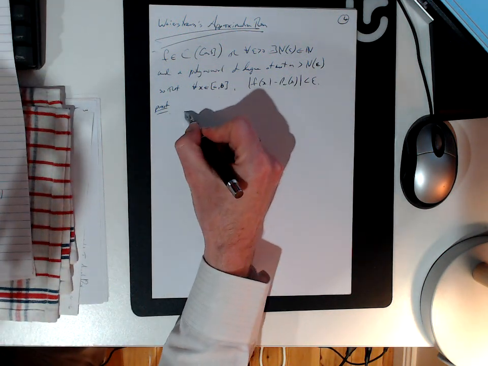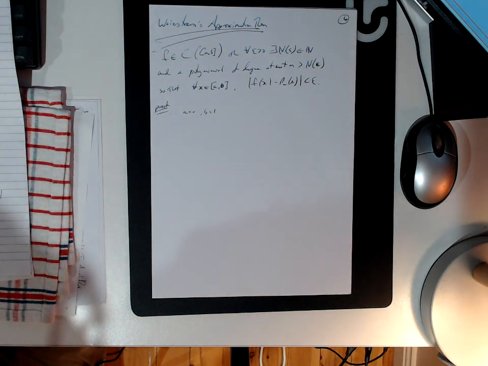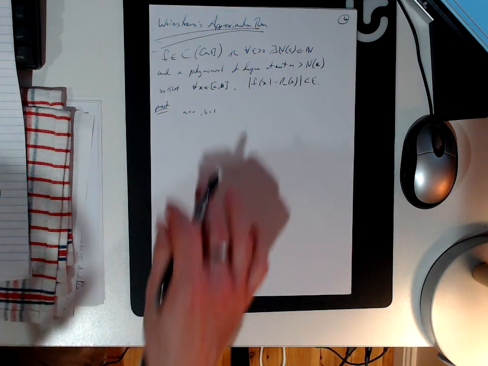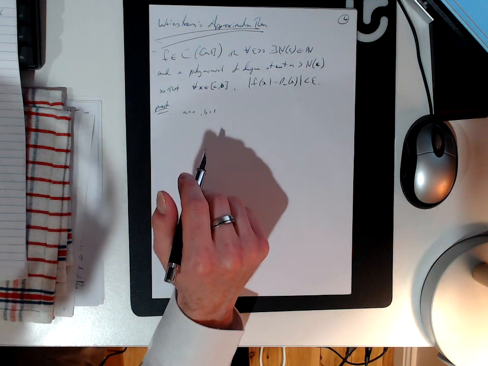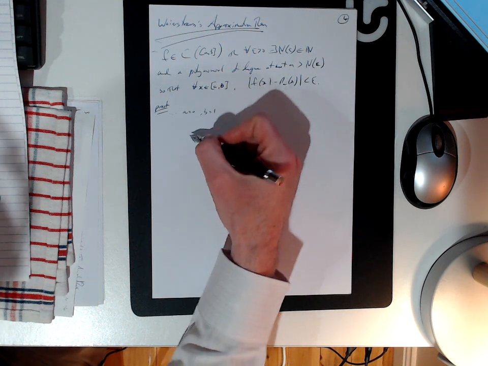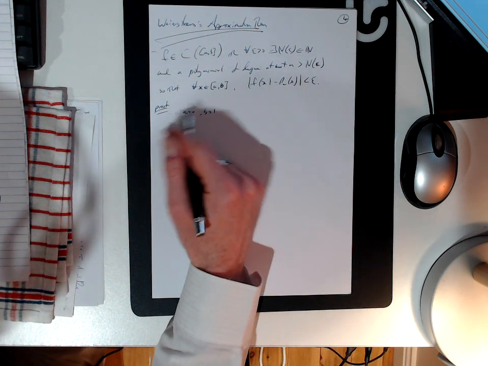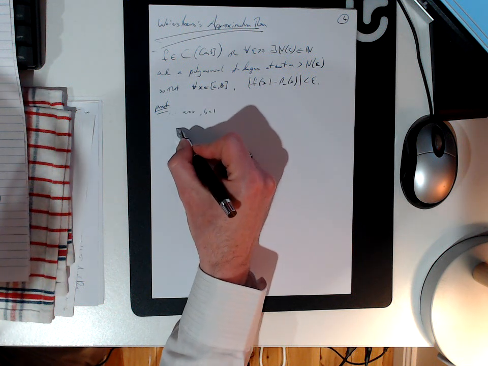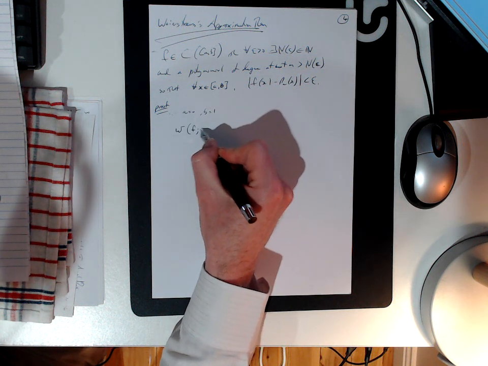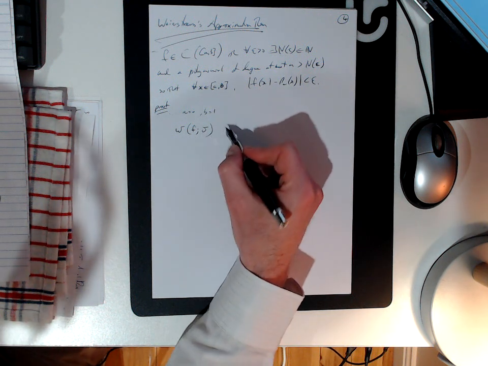So I'm going to assume that a equals 0 and b equals 1. If that's not the case, you can always find a transformation which maps the appropriate interval to that by a closed bounded transform, and you should check that yourself. So I'm going to define something called the modulus of continuity of function f at delta.